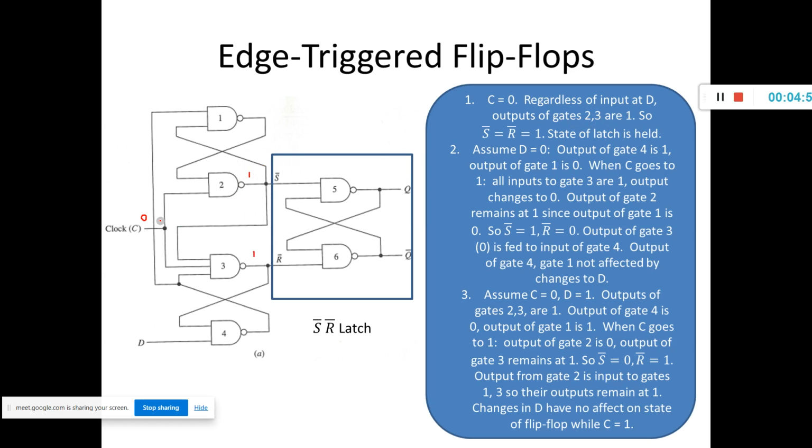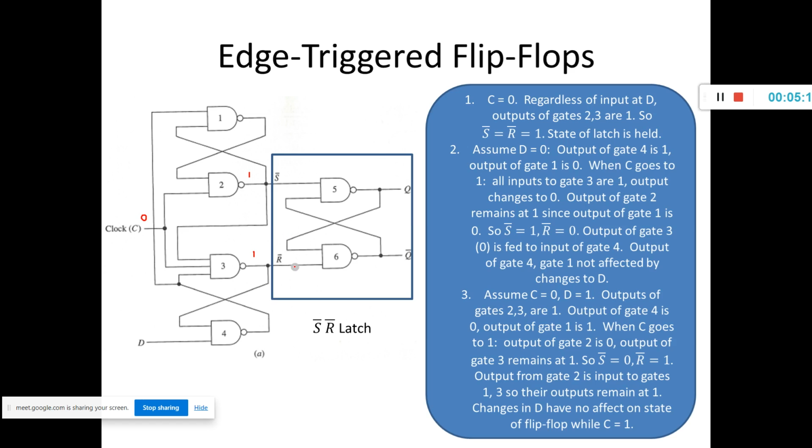So he is telling that whenever I apply clock 0, this 0 comes here and this 0 comes here. So the output of NAND gate 2 and the output of NAND gate 3 become 1. This one is applied as an input to this S bar, and this one is applied as an input to this R bar.